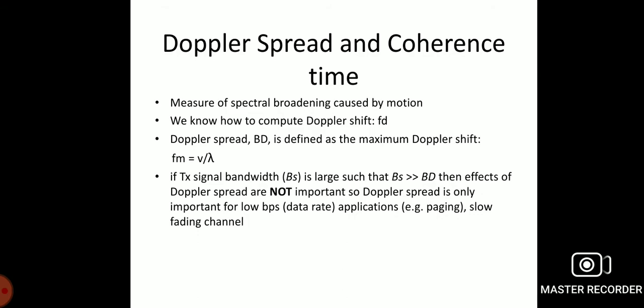The Doppler spread is denoted as BD and it is defined as the range of frequencies over which the received Doppler spectrum at the receiver end is a non-zero value. For example, if a pure sinusoidal tone of frequency Fc is transmitted, the received signal spectrum is called the Doppler spread spectrum, consisting of components in the range of Fc minus Fd to Fc plus Fd, that is positive or negative shifts, where Fd refers to the Doppler shift frequency.